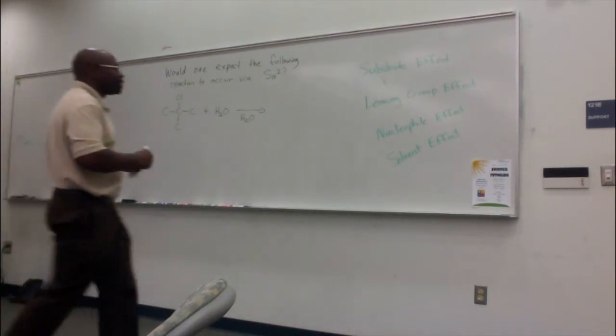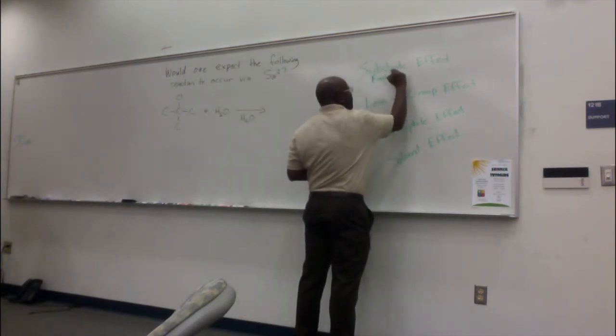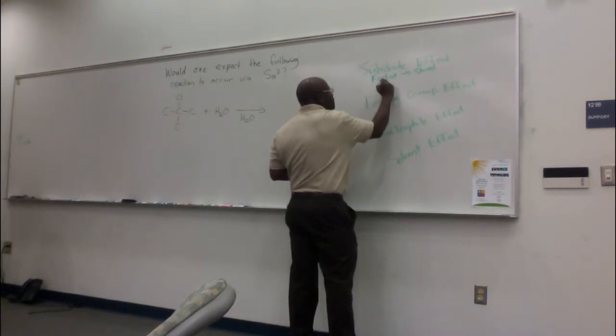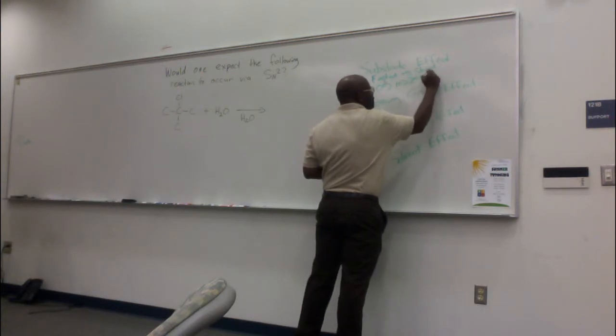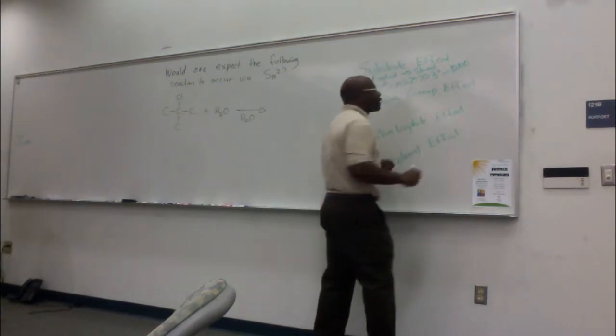As far as the order from fastest to slowest, methyl (0°) followed by 1°, followed by 2°, and 3° do not occur.